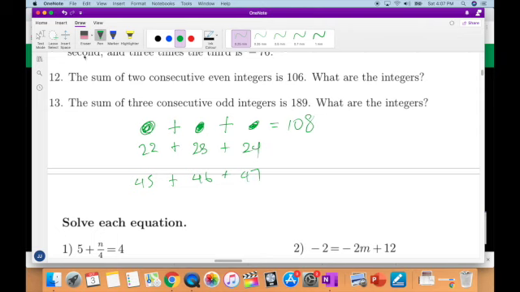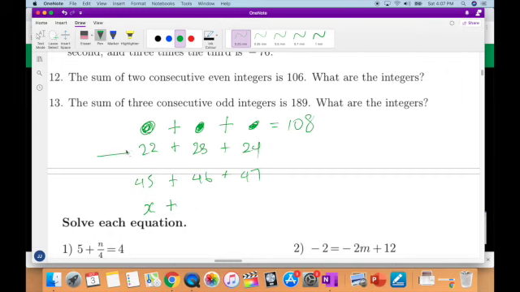Do you understand, Shazay and Caitlin? Of course, we don't know what the consecutive numbers are. So we will call the first one x. And if we call the first one x, what do you think the second one is going to be? Y? No. Look at it.